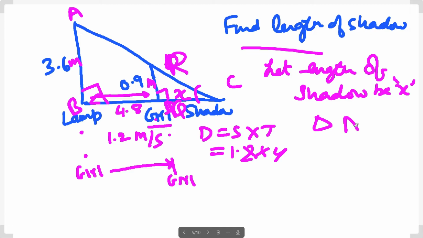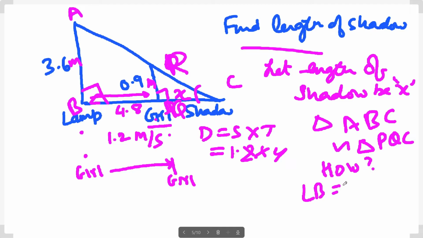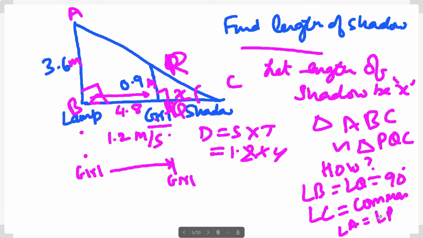So triangle ABC is similar to triangle PQC. How? Angle B equal to angle Q equal to 90. Angle C common. Angle A equal to angle P. Therefore, they are similar. So just take the ratios.